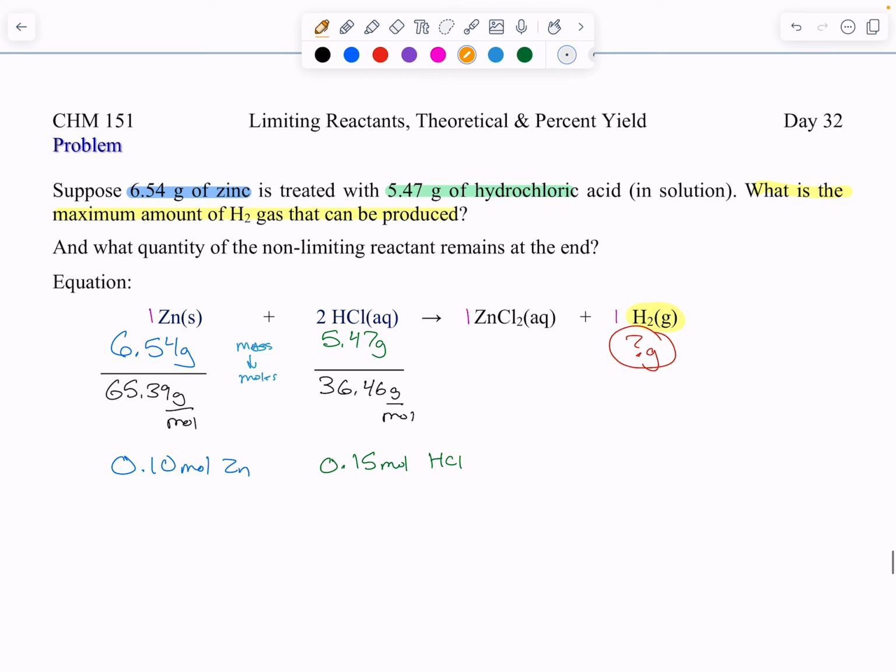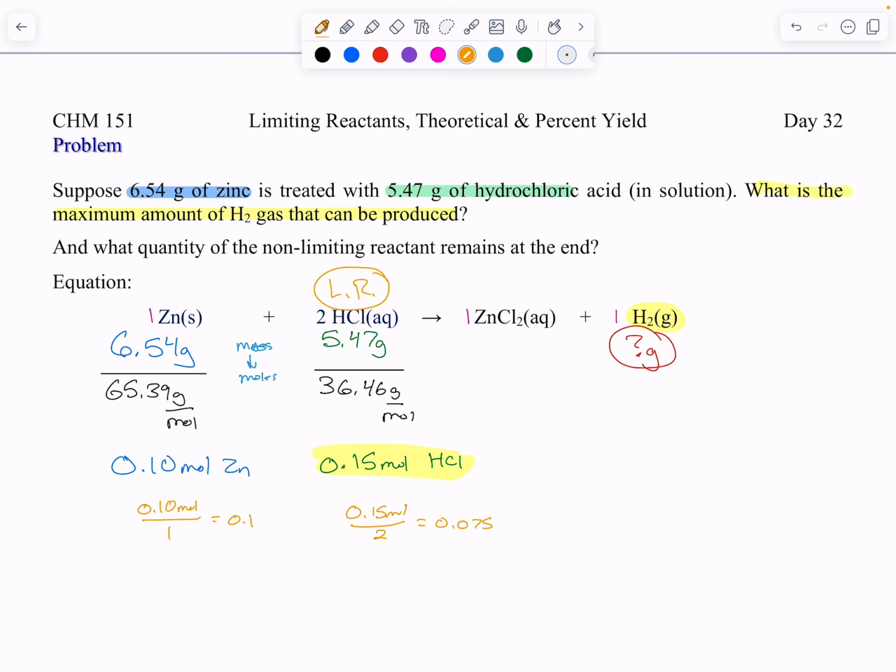Now, how do I find the limiting reactant? I take the 0.1 moles, divided by 1 is 0.1, and take 0.15 moles, divided by 2, it's 0.075. So that means HCl is my limiting reactant, which means I'm going to start my calculations with this.